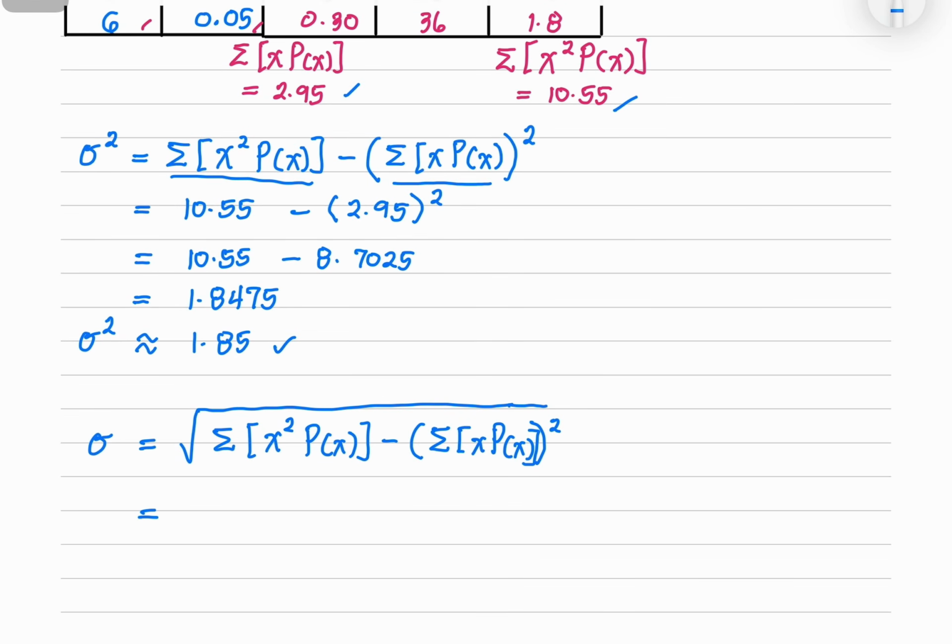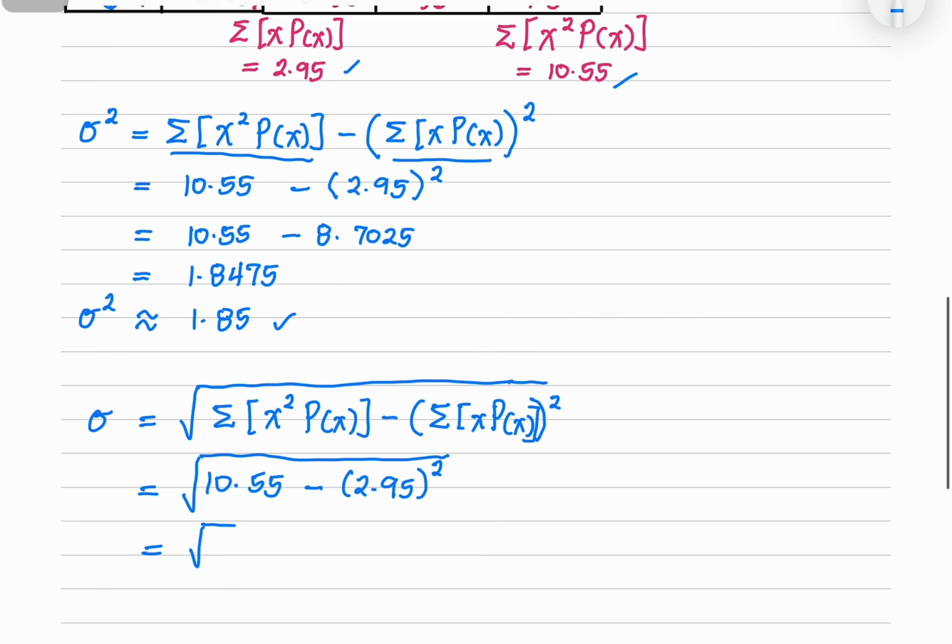Ayan. So, let's substitute. So, ito ay 10.55. Or we can directly get the square root of its variance. I am using the formula, no? And then minus 2.95 square. So, square root natin yun later. Equals. Simplify muna natin. Kasi we have exponent. So, 10.55 minus 8.7025.